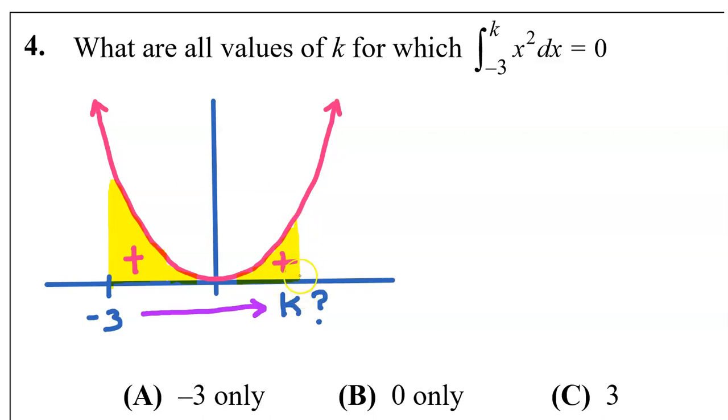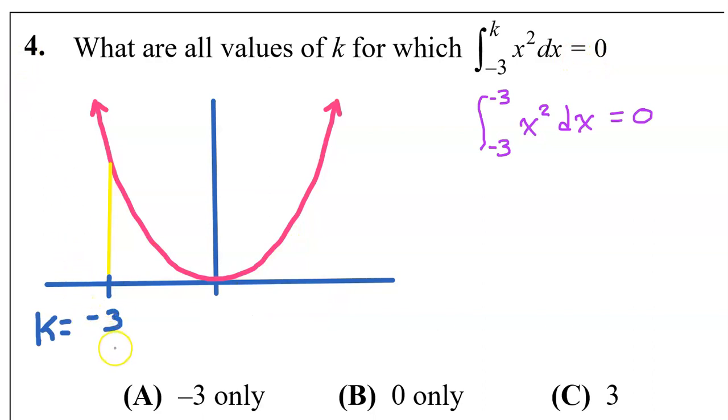So visualize this k as moving from left to right, and we're looking for where will k be that will cause the overall area to be 0. But right away you start off with a positive area, and then you just add on more and more and more area as k goes to the right. So where will you ever get 0?